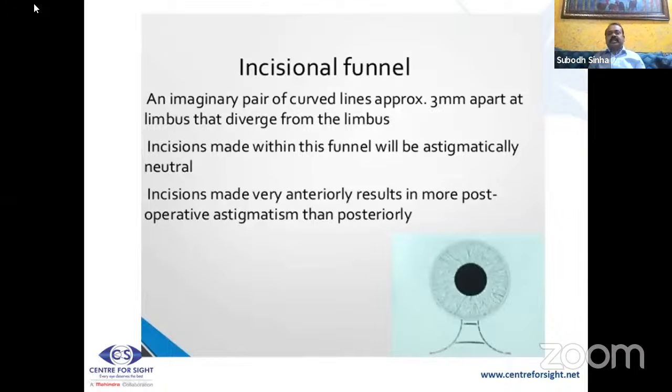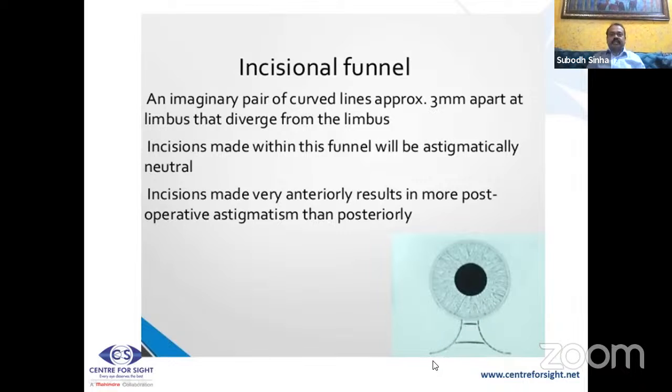If we look at the limbus of this patient's cornea, now we can see there are two imaginary lines, approximately 3 millimeters apart at the limbus.